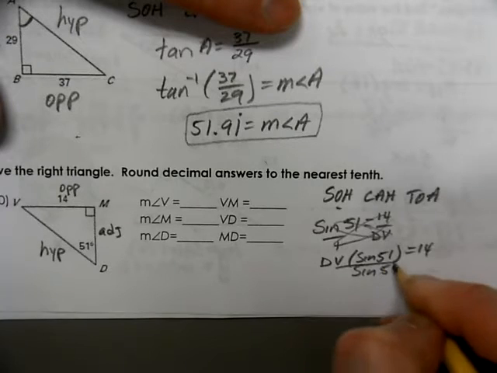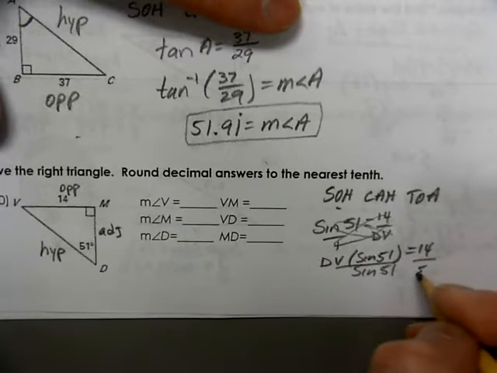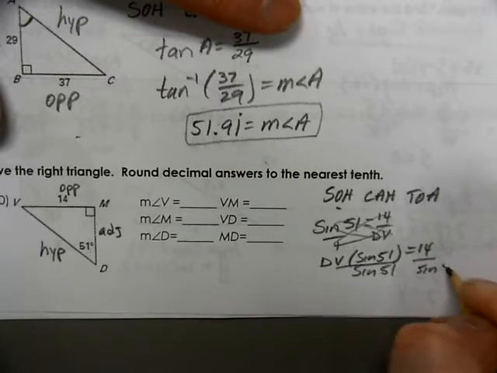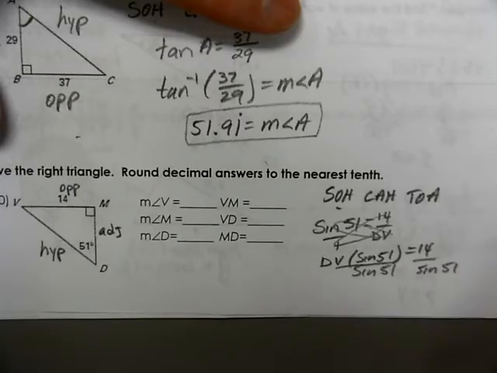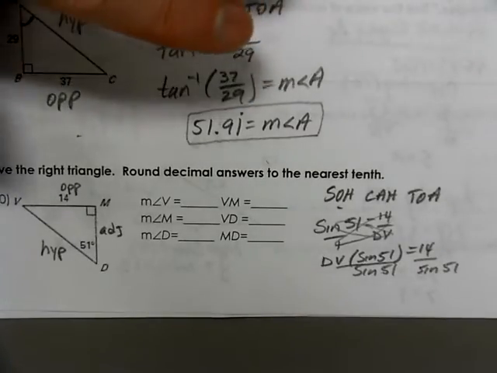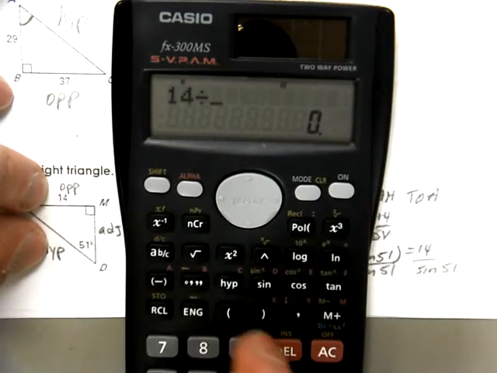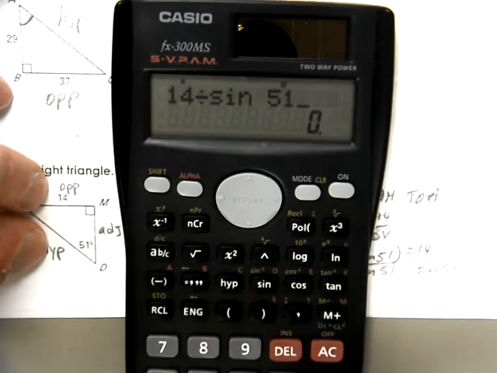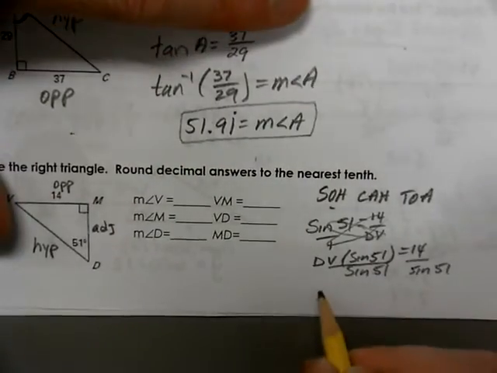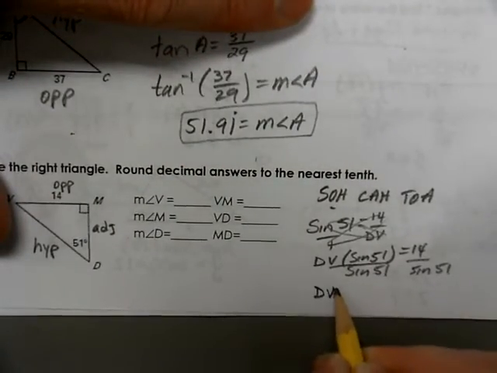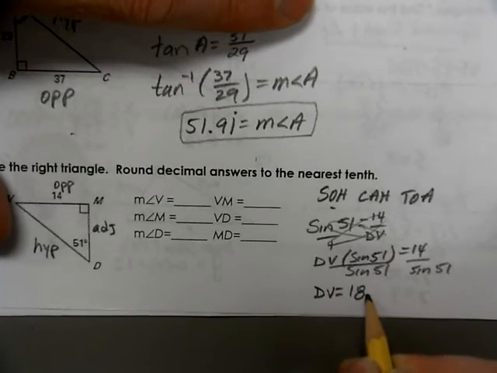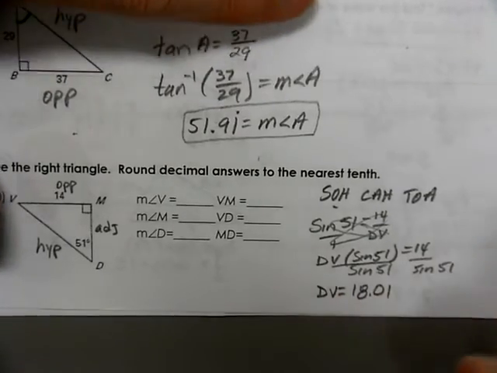Divide by the sine of 51. DV equals 18.01.